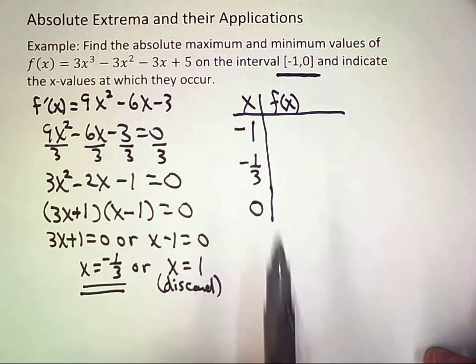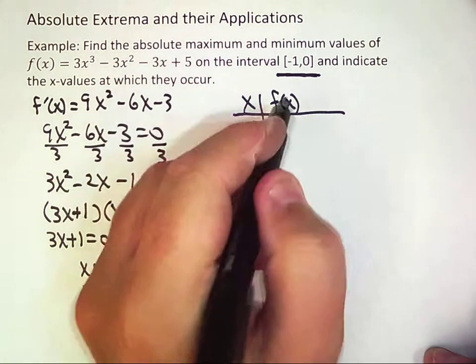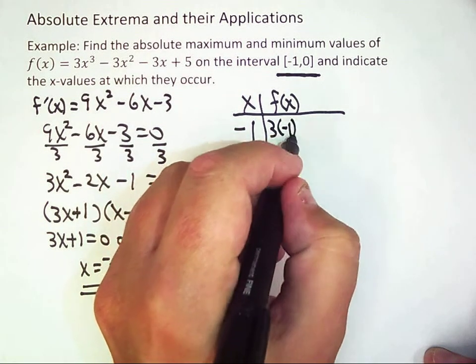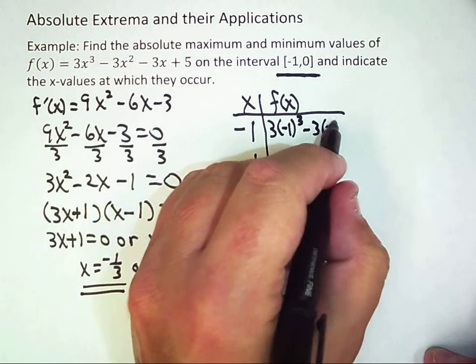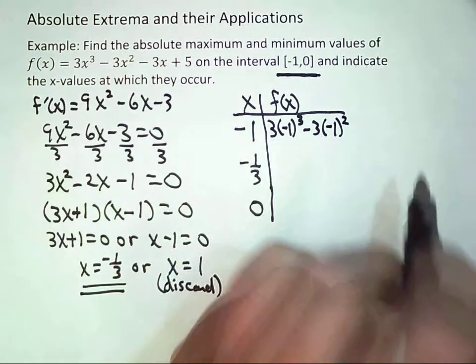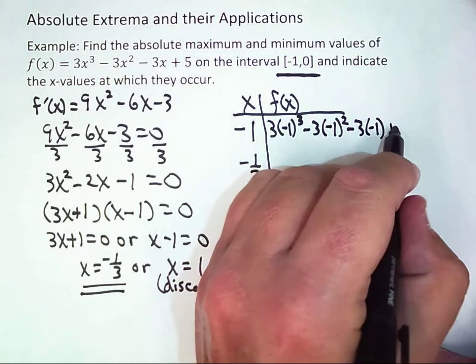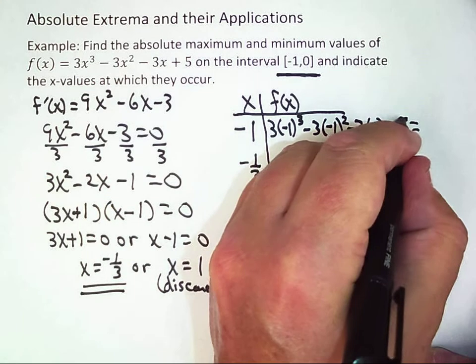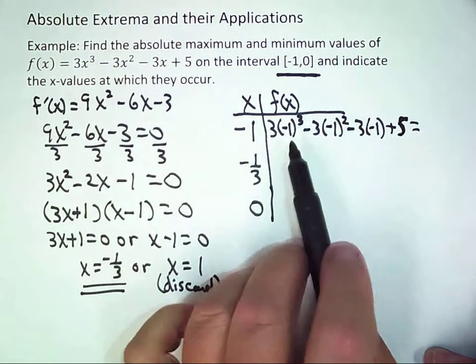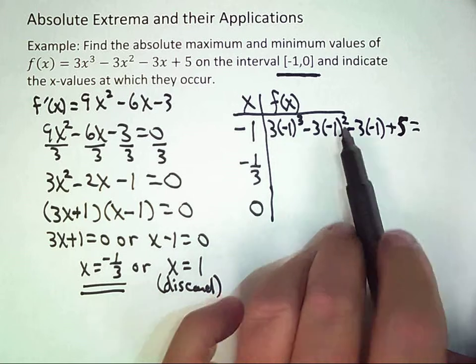So if I take -1 and plug it back into this function, I get 3 times -1 quantity cubed minus 3 times -1 quantity squared minus 3 times -1 plus 5. Now let's see if I can do some of this arithmetic in my head and save a little space. -1 cubed is -1, so -1 times 3 is -3.